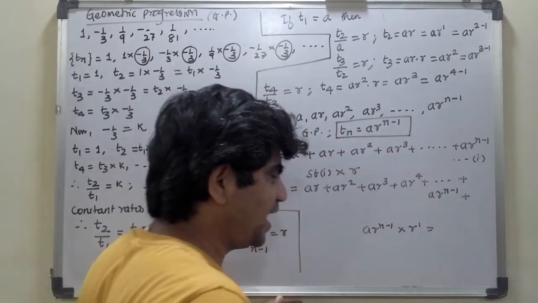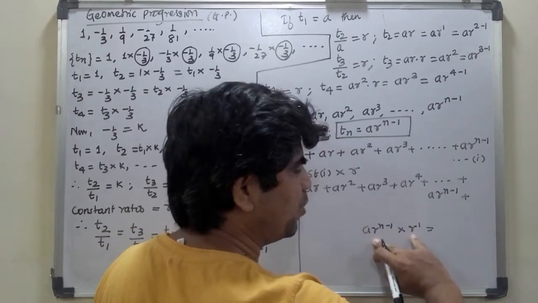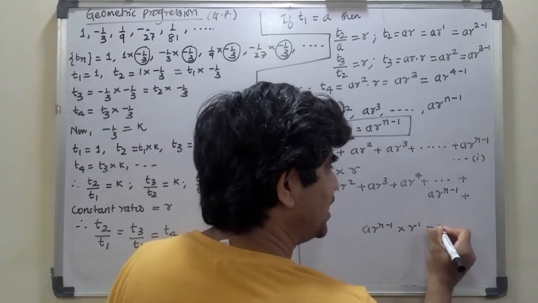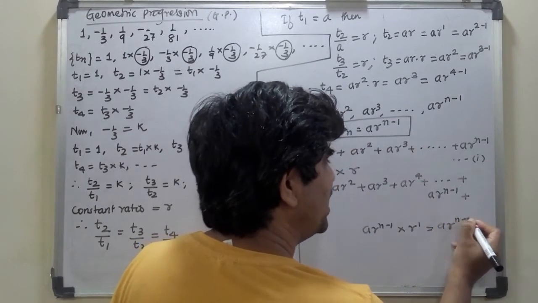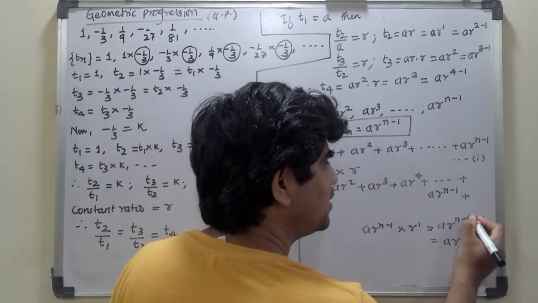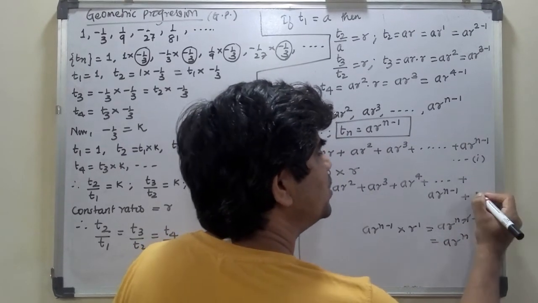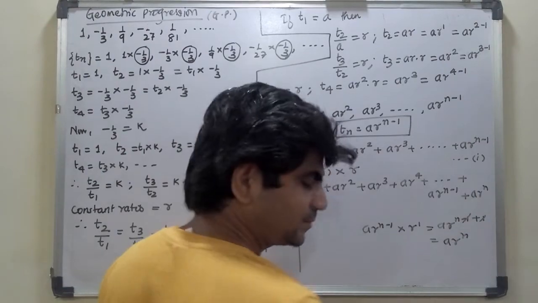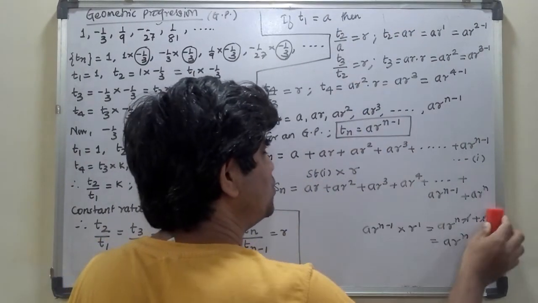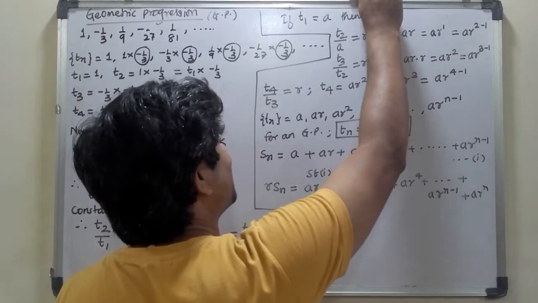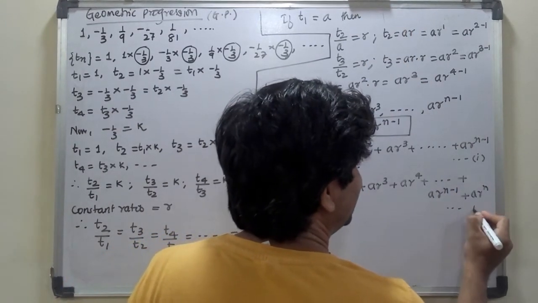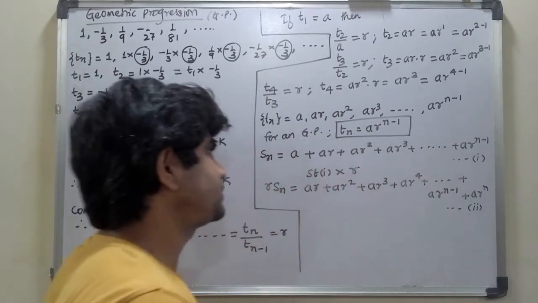The base is the same, so the indices add: AR raised to n minus 1 plus 1, so it is AR raised to n. So this is your last term. Now I have got two statements.